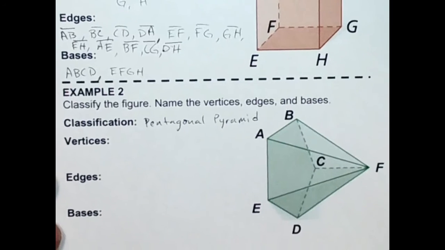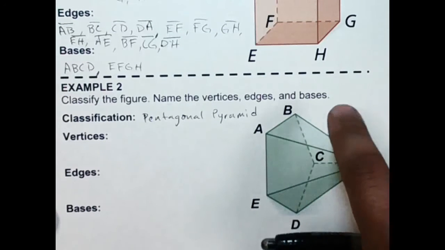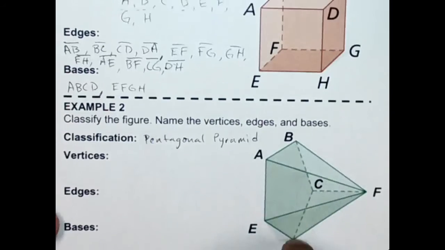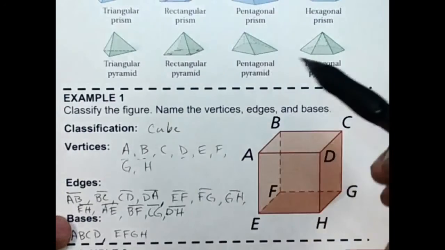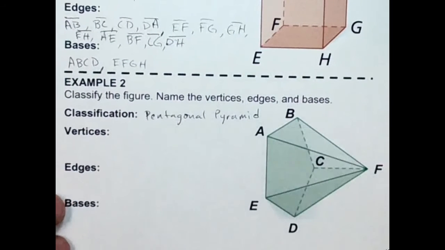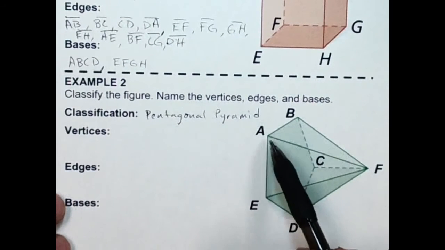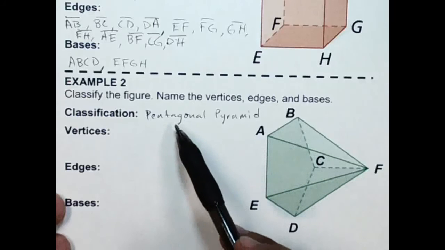Okay. Now I put this one on the side because your solids are going to be rotated. It doesn't always mean that your bases are going to be on the bottom. These shapes can be twisted and rotated any direction, but it's the base that's unique on this pyramid that gives it the actual name.